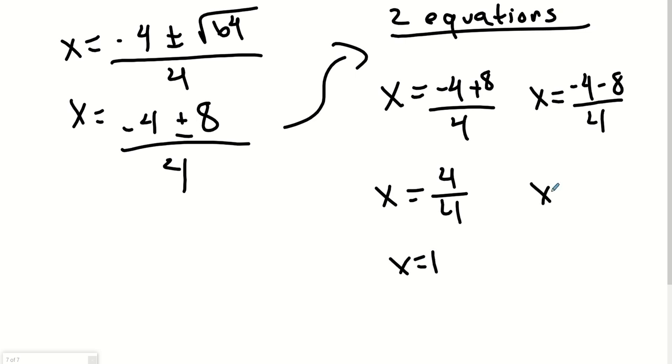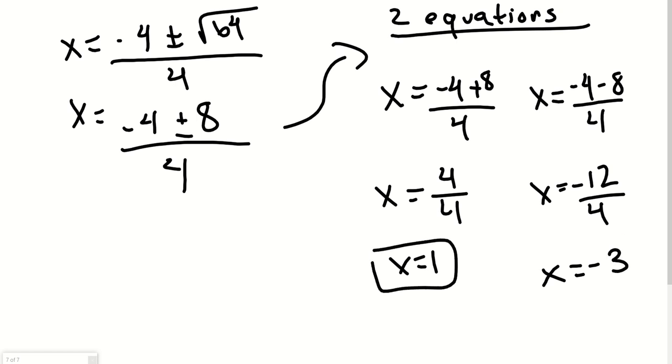Here we have x equals -4 minus 8. Well, that's just going to make it more negative, so that's going to be -12 divided by 4. So now I have x equals -3. So now I have my two solutions. x equals 1 and x equals -3 for quadratic formula.